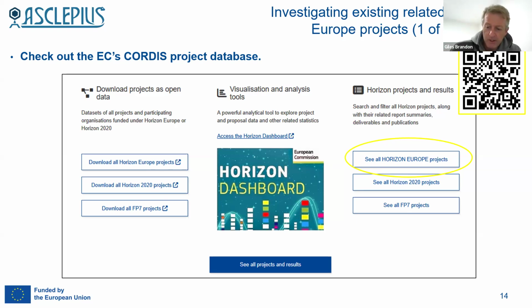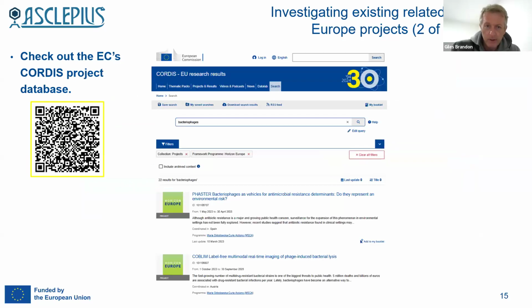That will take you onto a further web page where you can do a detailed search, in this case of Horizon Europe projects. The QR code on the left will take you directly to this page I'm looking at here. Now, if you get to this part, you can do all manner of searches.